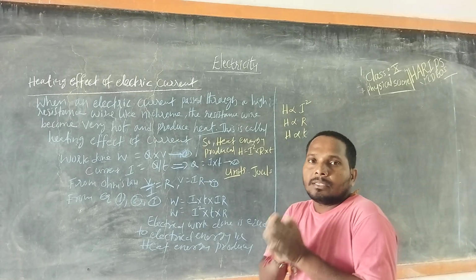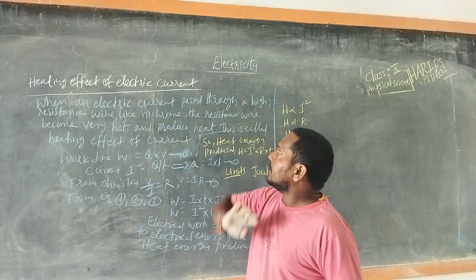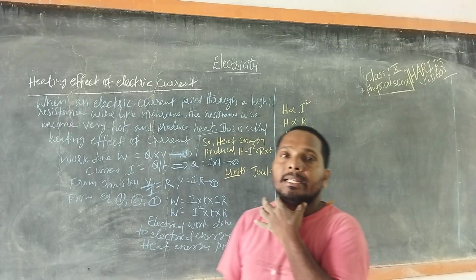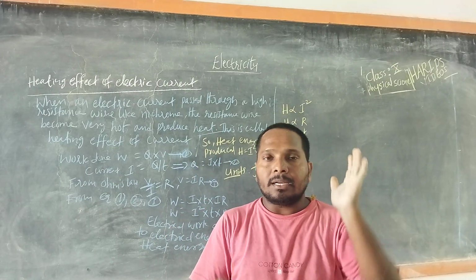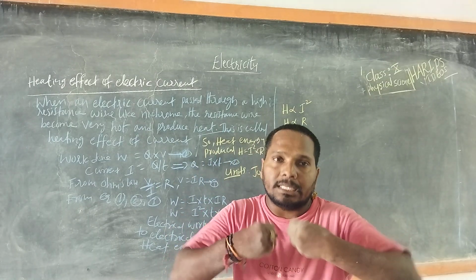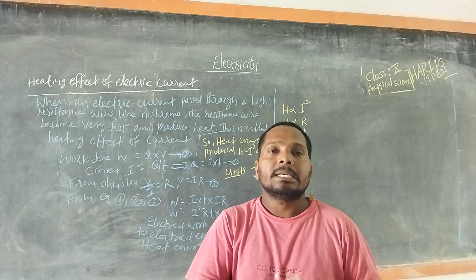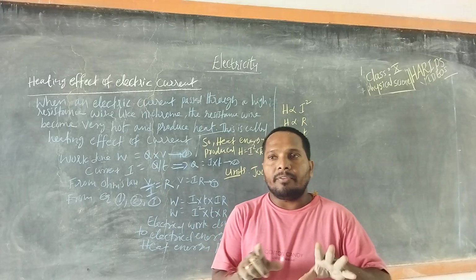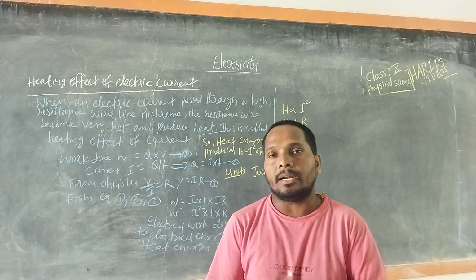So what is this heating effect of electric current? When electric current is passed through a high resistance wire, that resistance wire gets heated, becomes hot and produces heat energy. That effect is called the heating effect of electric current.